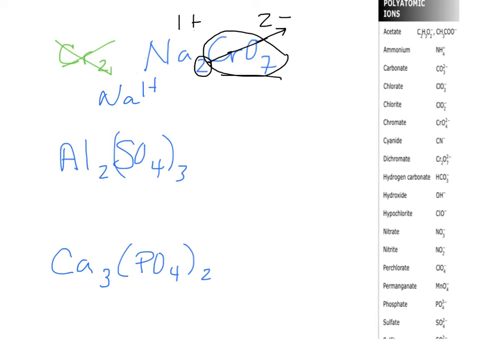And so if we come over here and we look, actually this should have a 2 right here. This is going to be dichromate. So the name of this would be sodium. Let me fix that. So this is sodium. And we know we don't need anything, no parentheses, none of that stuff because it's a group 1 metal. So this is sodium, and then it's going to be dichromate.